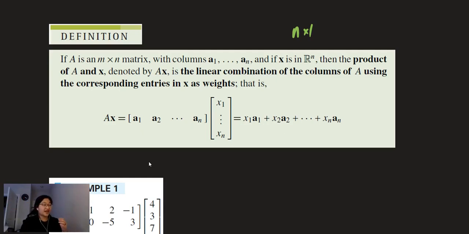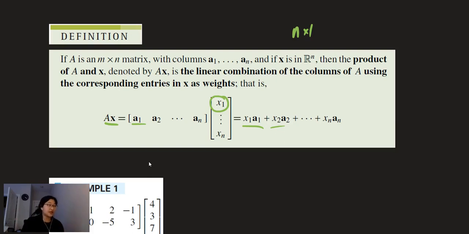So when we have AX like that, we're taking our X1, and that's what we're weighting on our first column of A, and then we're adding each of those up with their respective weighted columns of A.